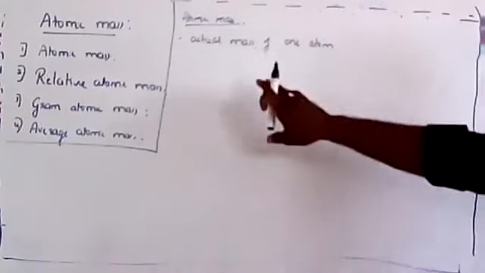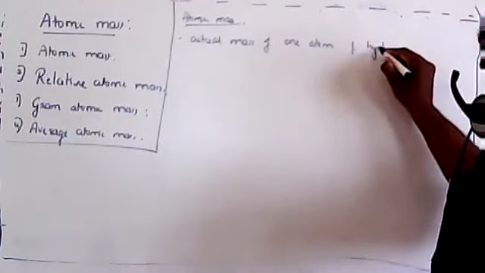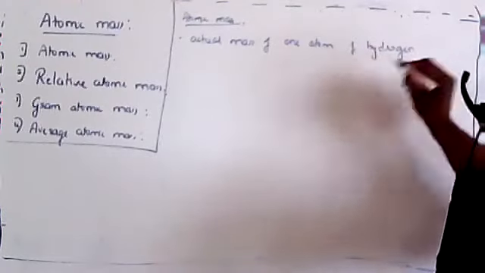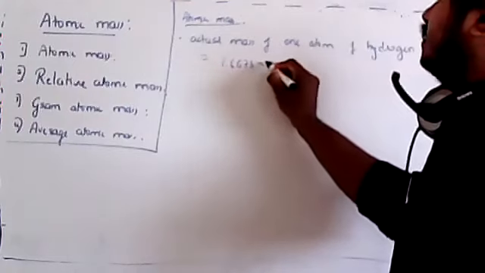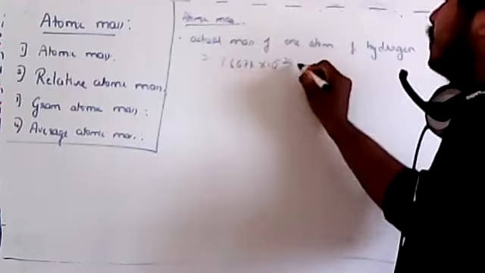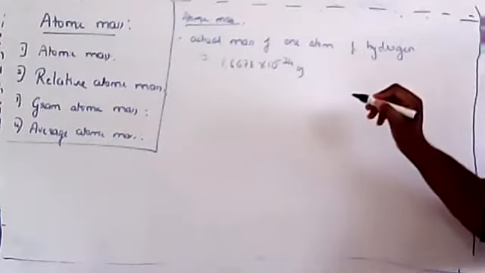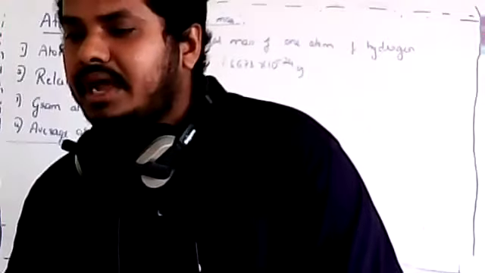Understand that the actual mass of one atom of hydrogen was found to be around 1.6737 into 10 to the power minus 24 grams. This was the actual mass of one atom of hydrogen.